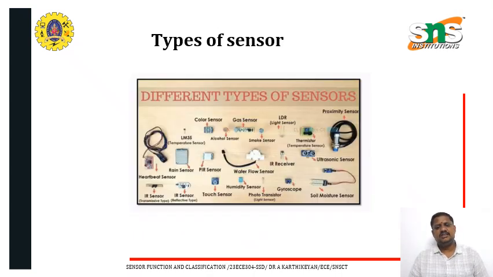And other types of sensors are the color sensor, gas sensor, LDR sensor, LM35 sensor, alcohol sensor, ultrasonic sensor, soil moisture sensor, humidity sensor, touch sensor, and IR sensor. So we have a lot of sensors available, and based on the application, we can use them.